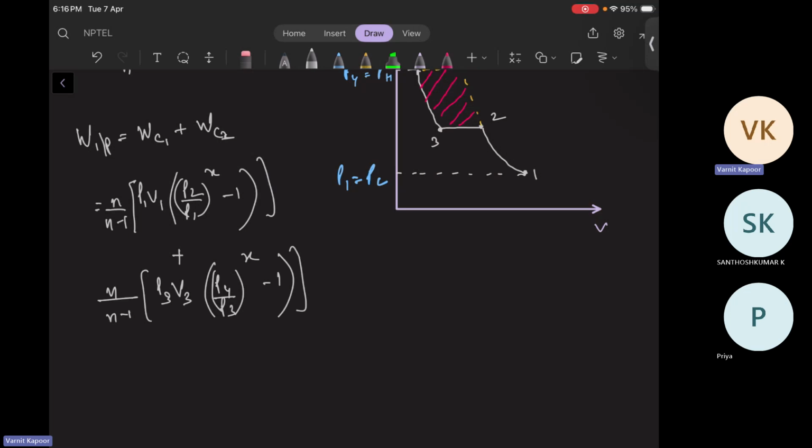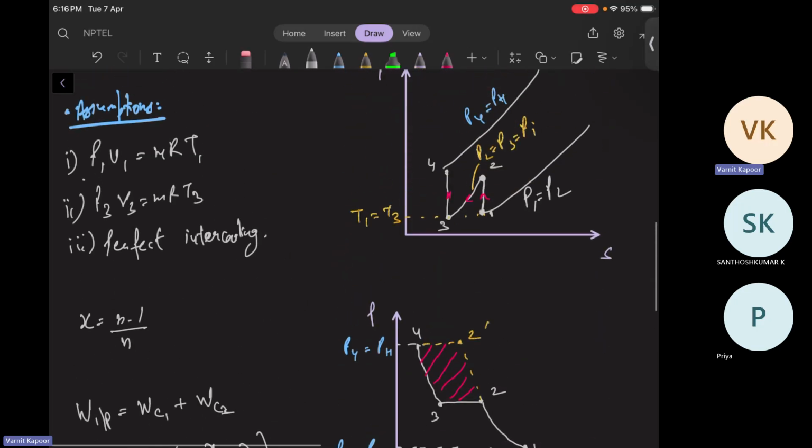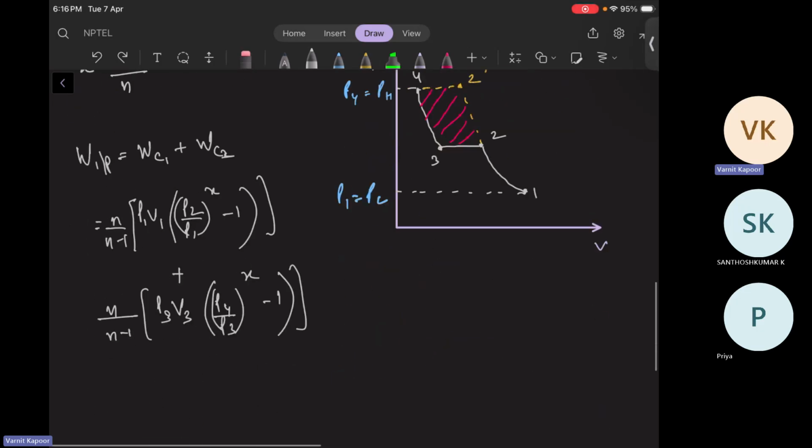And we are saying that P1 V1 can be written, using the ideal gas law, as mRT1. Let us write like this.